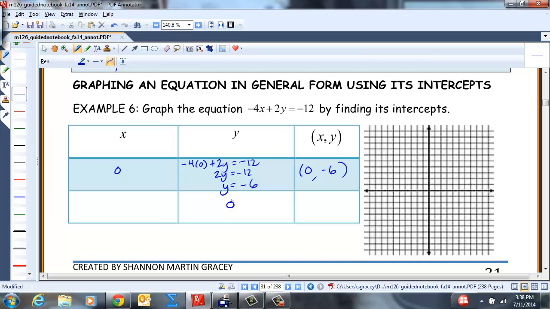Now if I plug in 0 for y and solve for x, I'll have -4x plus 2 times y is -12. Oops, my y was 0. 2 times 0. So -4 times x is -12. Dividing by -4, I get x is +3. So (3, 0) is the x-intercept.